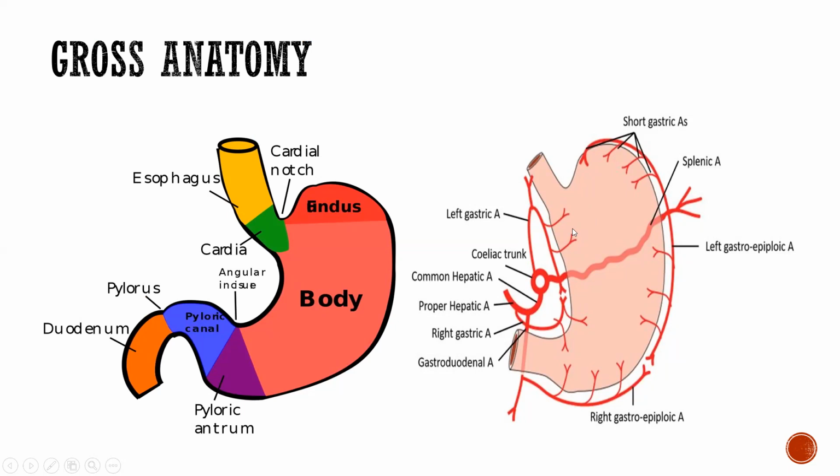So going to the blood supply of the stomach, after the aorta enters the abdomen, it gives a branch, the celiac trunk, which consists of three main branches: the splenic artery, the left gastric artery, and the common hepatic artery. The left gastric supplies the lesser curvature, just where my cursor is.